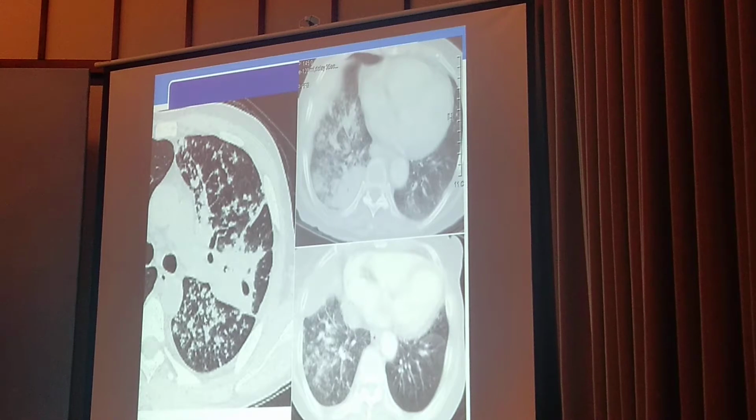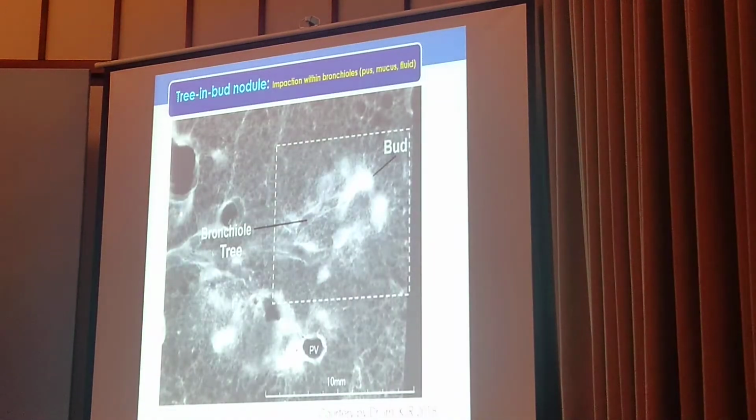This centrilobular branching nodular opacity means bronchial dissemination of tuberculosis, so the primary focus must be shown on chest PA. If there is no primary focus on chest PA, look for another cause, like tuberculosis or pneumonia, with various causative organisms.